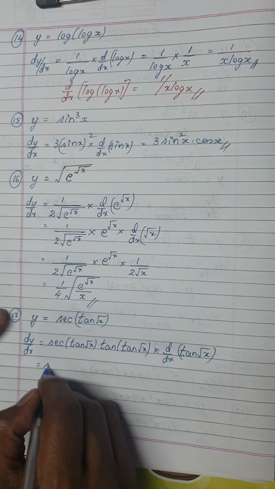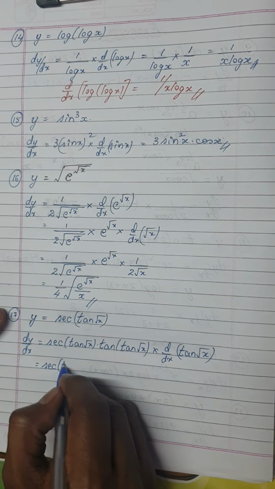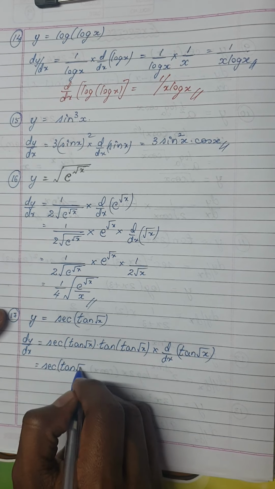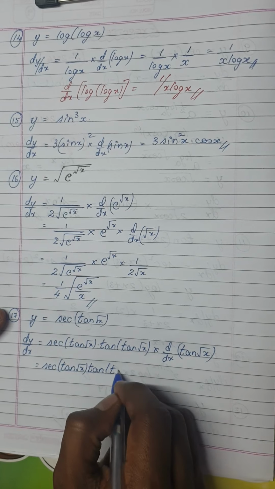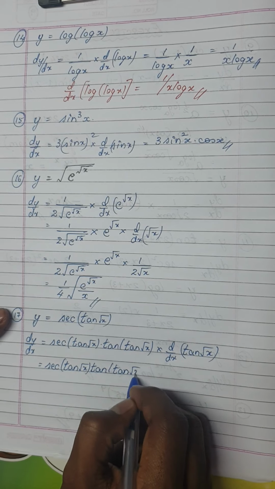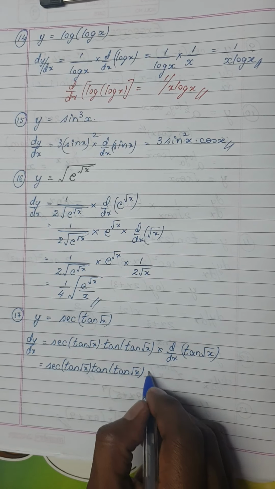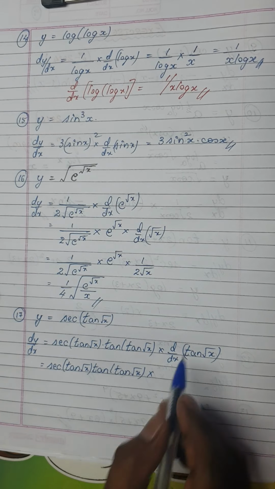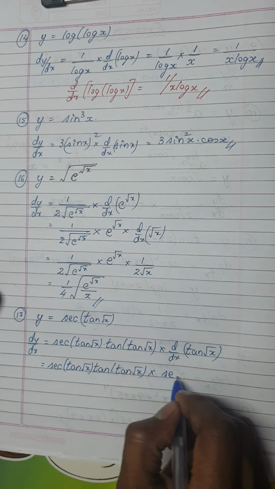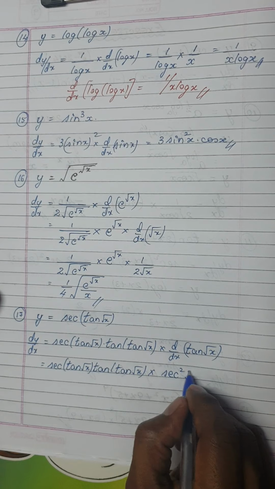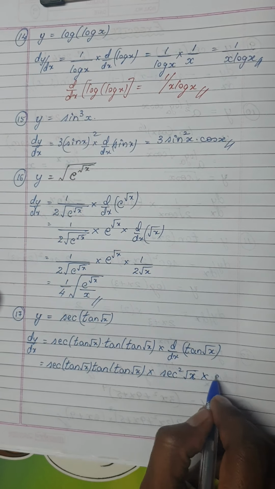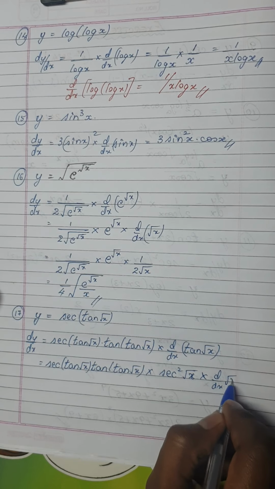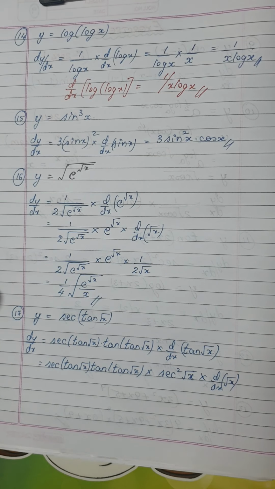Okay, so this is nothing but, write this function as it is, secant of tan root x into tan of tan root x. Again I am telling you, don't write it as tan square, into what is derivative of tan? Derivative of tan is actually secant square of f of x, that is root x, into derivative of root x. Okay, isn't it?